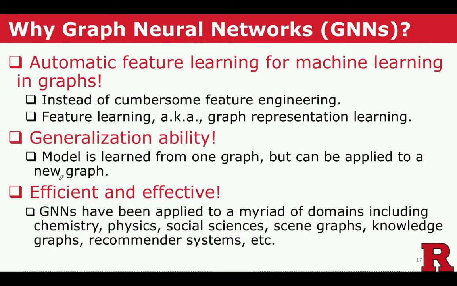So without any training, the learned model, which is learned from another graph, can be applied on a completely new graph and still do the downstream tasks. GNNs are also very efficient and effective, and GNNs have been applied to many domains.